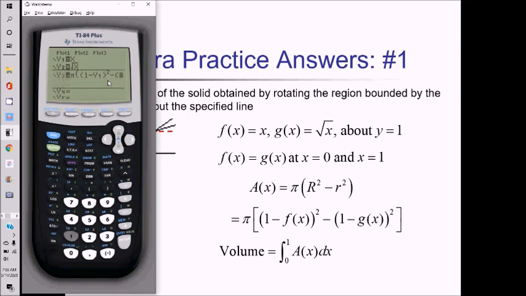Now I've got 1 minus the g function, so alpha trace y2, close the parentheses, square that, close the other parentheses, and now I've got A of x as my y3. Quitting out of there, let me now do the integral, so math 9, from 0 to 1, and I'm going to just do alpha trace y3 and dx, giving me a grand total of 0.524.